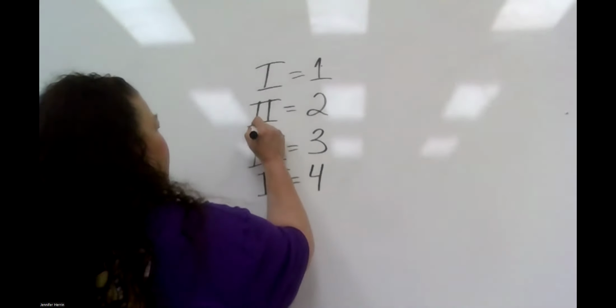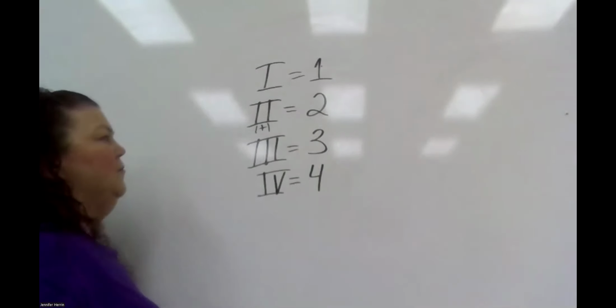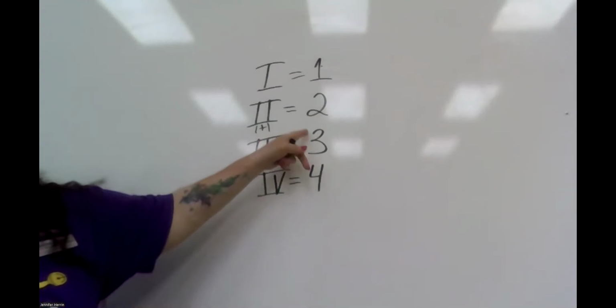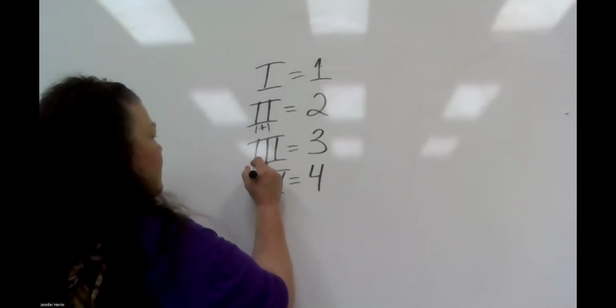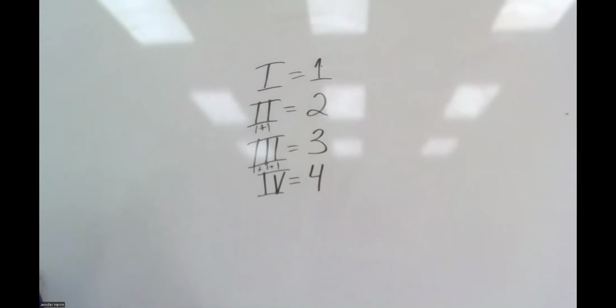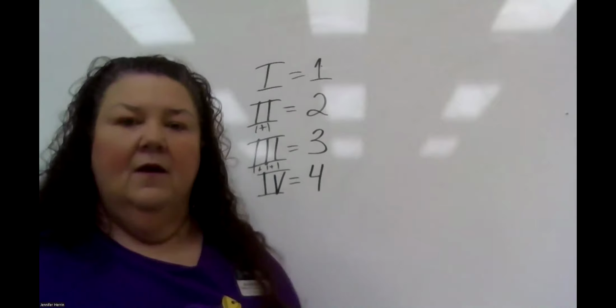We said that each of these I's represents the number 1. So we're literally just adding 1 plus 1. And that's how we got to 2. Right here was 1 plus 1 plus 1. That's how we're getting to the 3. Let's look at our next rule.